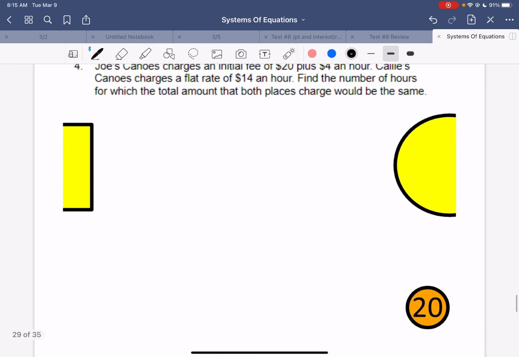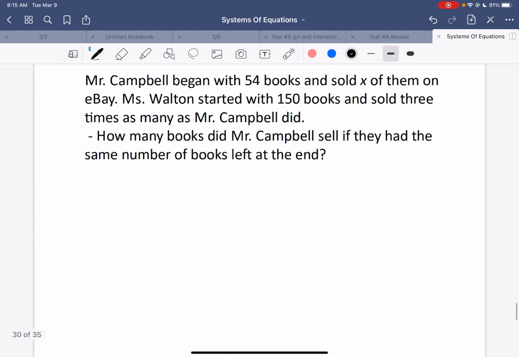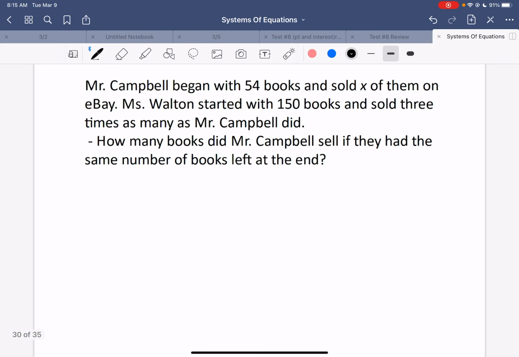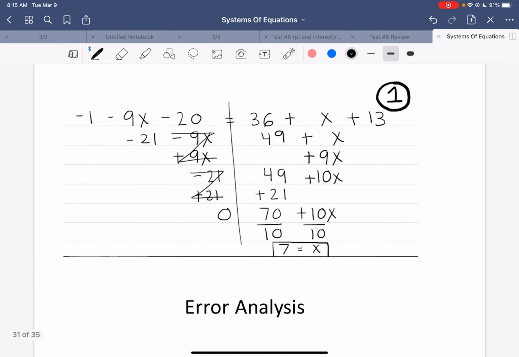All right, and the last thing that I would like to cover is these few equations that will help you out. We have this called error analysis. So I want you to look at these next couple of problems and find out where I went wrong in solving this equation.